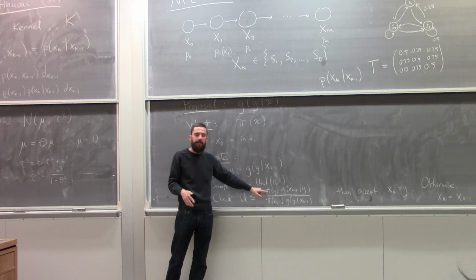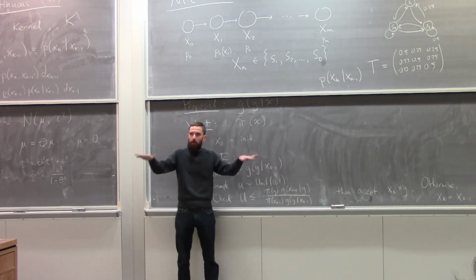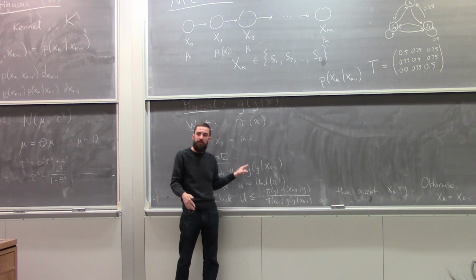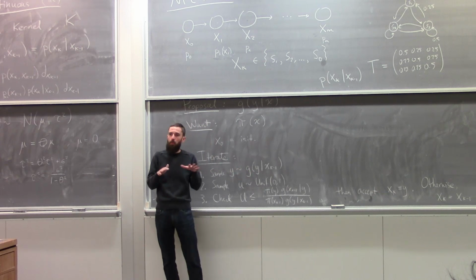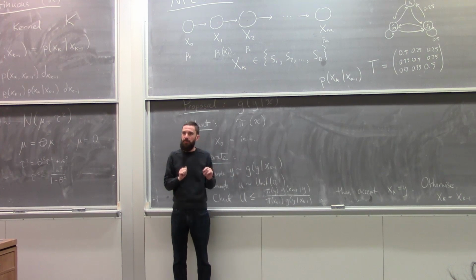So I need to explore the areas that have probability in my pi distribution. Choosing G in a way that will give me exploration in the right places is the thing.